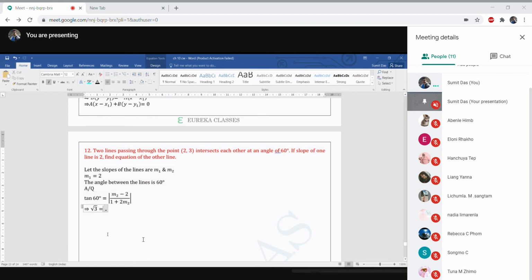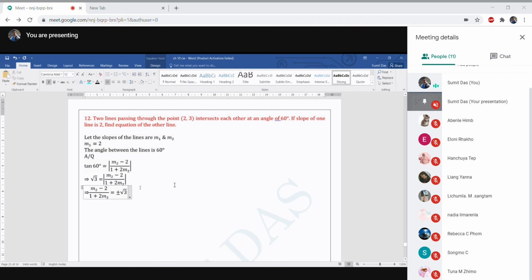So we can write that this value will be equal to plus minus square root of 3. Okay, plus minus square root of 3. So either m2 will be plus or m2 will be minus.